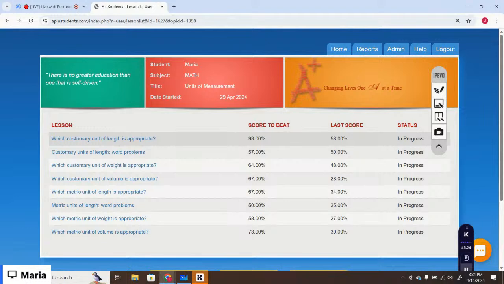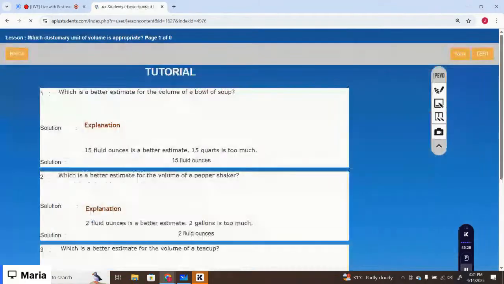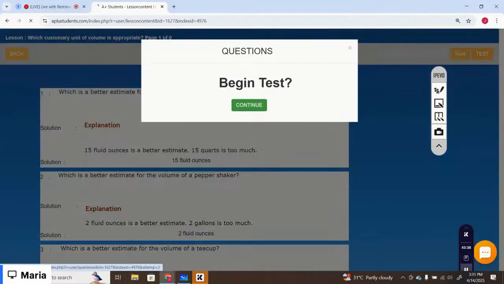Which customary unit of volume is appropriate? Let's just start with the lesson. I'm going to start with the test questions.